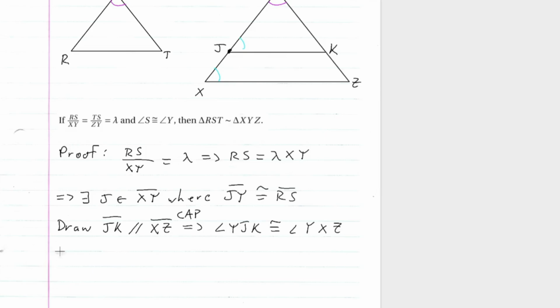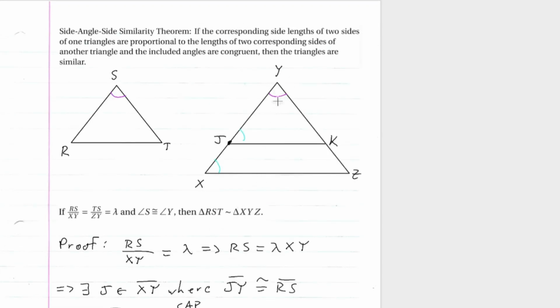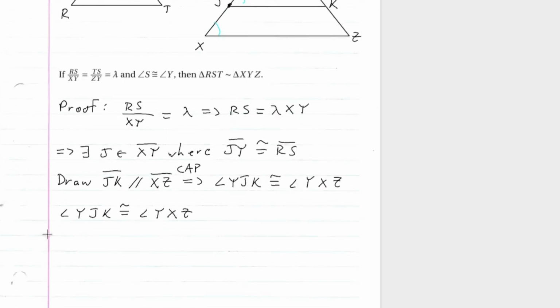So we have angle YJK is congruent to angle YXZ, and angle Y is congruent to itself, right? Angle Y is congruent to angle Y.